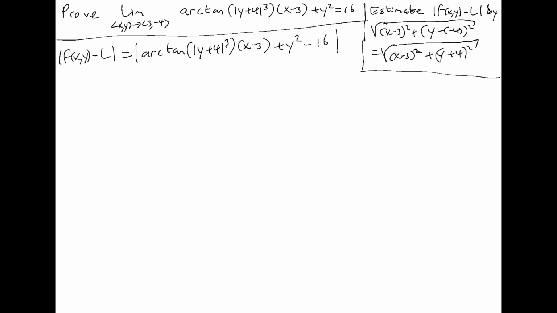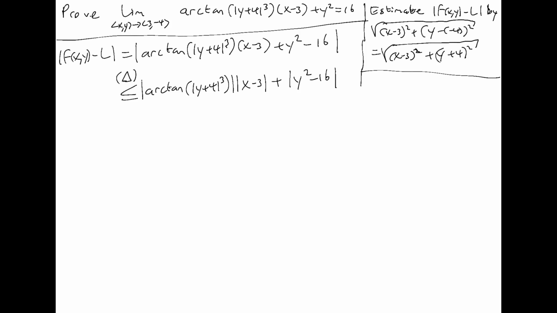Okay, so now we want to start in a similar way as before, so we want to use the triangle inequality, which I will abbreviate with a triangle, and split it up into two terms. So we get the absolute value of the arctangent. I'm also using the fact that the absolute value of a product is the product of the absolute values, so I'm doing two steps at once. And then we have the other term, which is the absolute value of y squared minus 16.